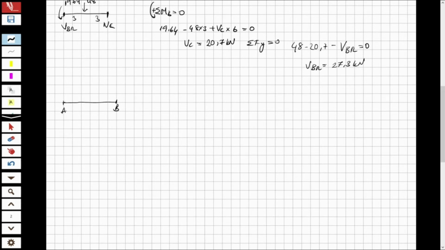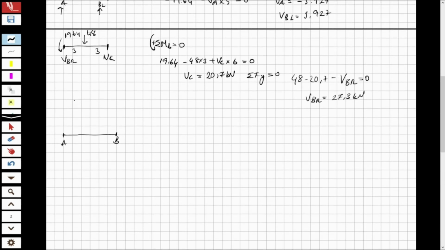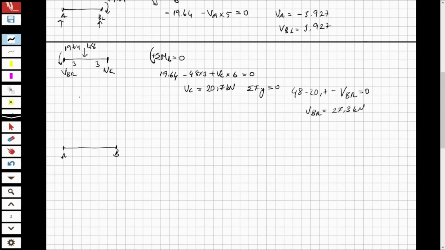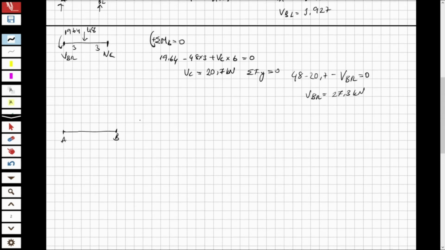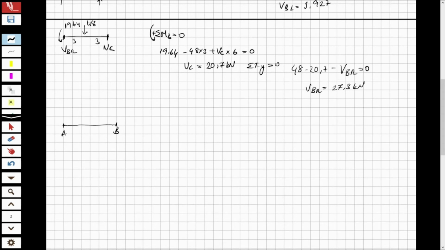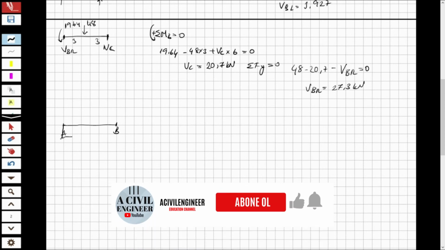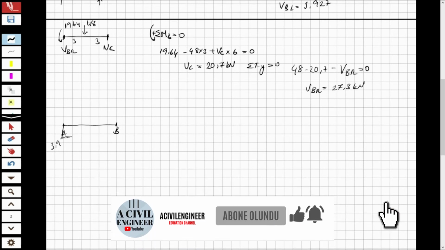And now I have a shear at A of minus 3.927. Okay, so we can say 3.93. I will decrease, and I will go the same amount, 3.93.